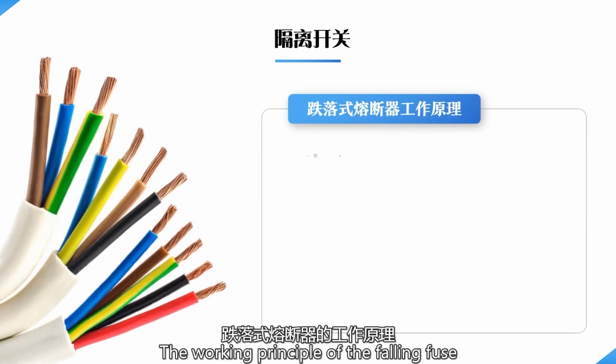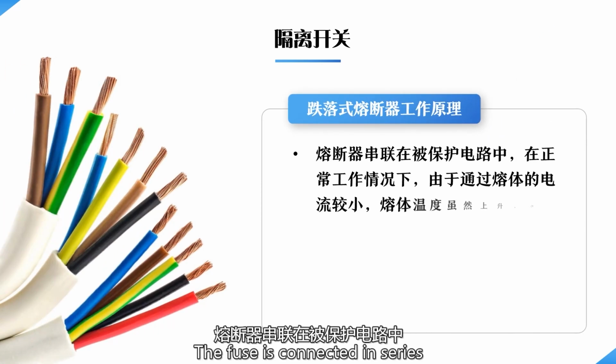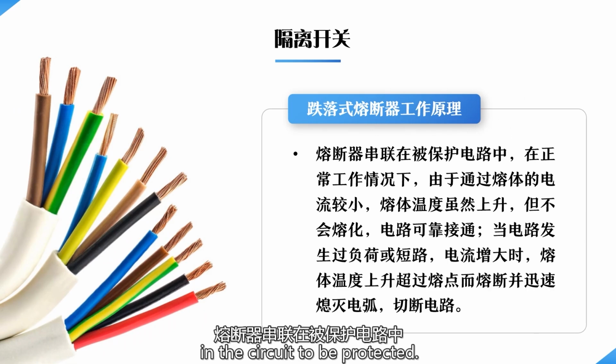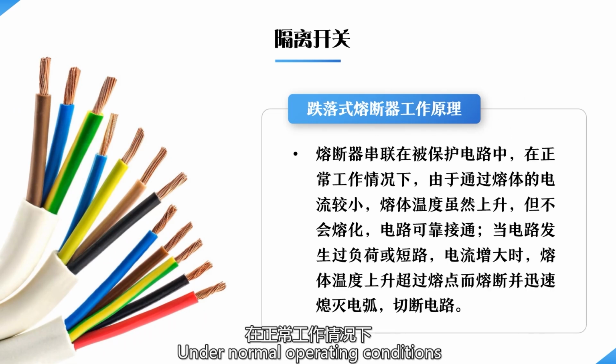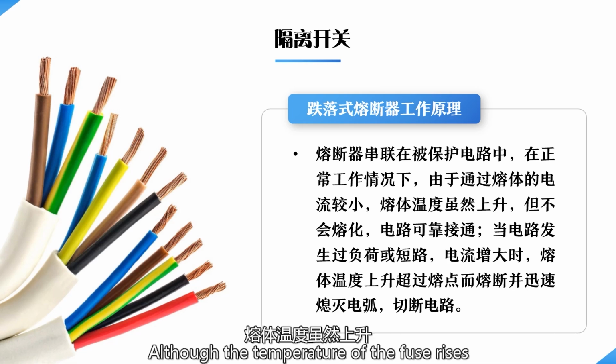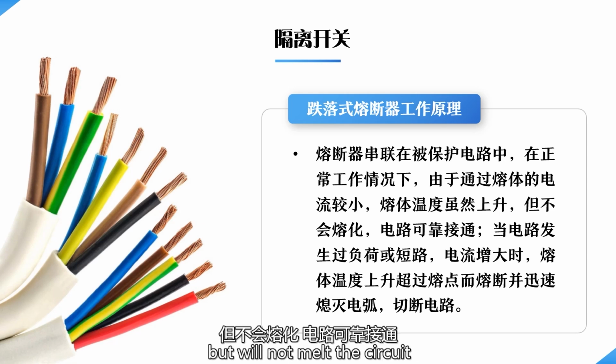The working principle of the drop-out fuse. The fuse is connected in series in the circuit to be protected. Under normal operating conditions, because the current through the fuse is small, although the temperature of the fuse rises, it will not melt, and the circuit is reliably connected.